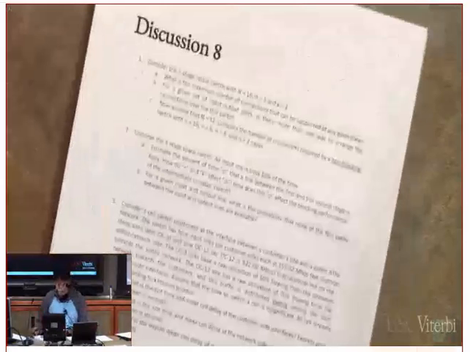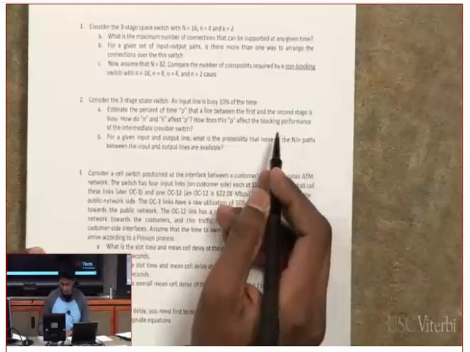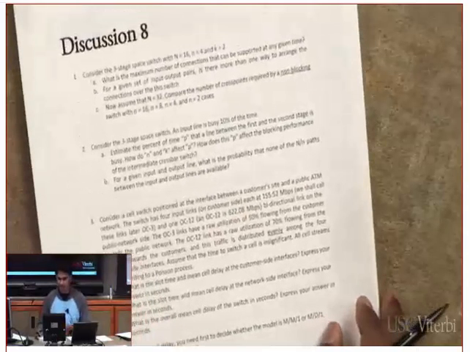Let me draw it a bit more clearly. So you have n inputs, each busy 10%. That's the scenario that we have. We have 10% on each line, and we have n lines, and then we're supposed to find out the probability that this line is going to be busy.